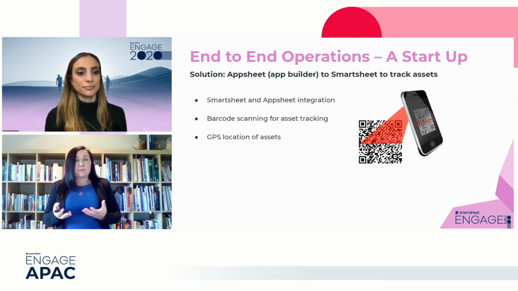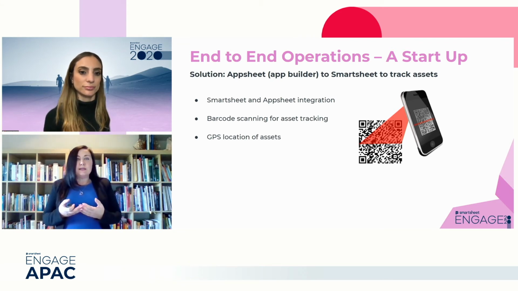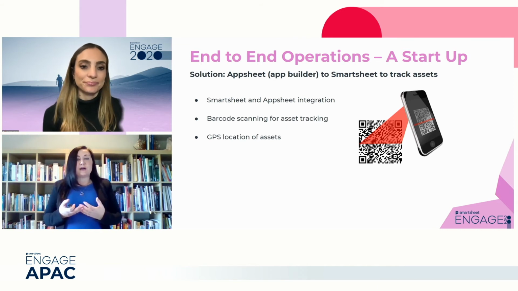So once the job is prepped and ready to go, the installation contractors receive job instructions with pictures via send update and reports. Assets are tracked by integrating AppSheet, which is an app creator for non-programmers, with Smartsheet. At the time, it cost about $20. An inspired team member with no experience actually created this app, and it can track the GPS location of assets on smartphones.